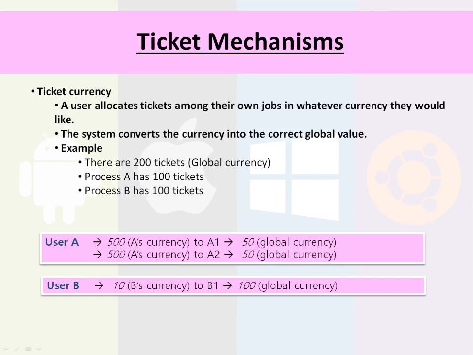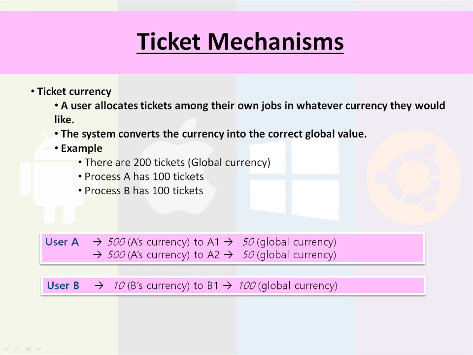Okay, so how does this ticket mechanism work? How does the operating system actually handle this? Well, there's something called ticket currency. There's a slightly confusing aspect here: a user can allocate tickets amongst their own jobs, and the operating system also allocates tickets amongst processes.